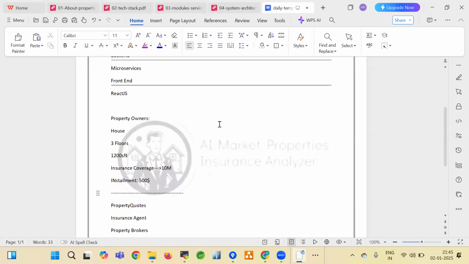Every month he will pay a premium of $500, and within this $500 premium, if any property damage or loss happens to the property, then the insurers, meaning the insurance companies, have to provide insurance coverage up to $10 million.